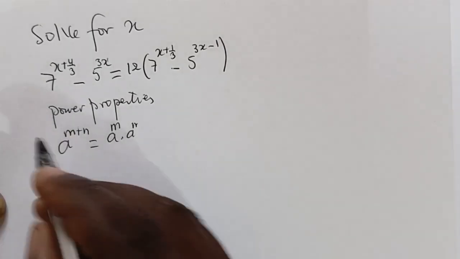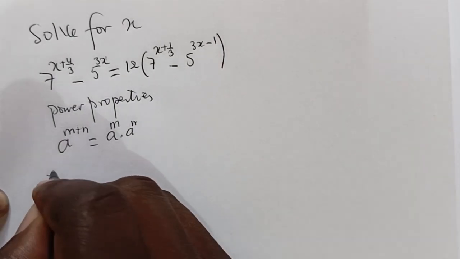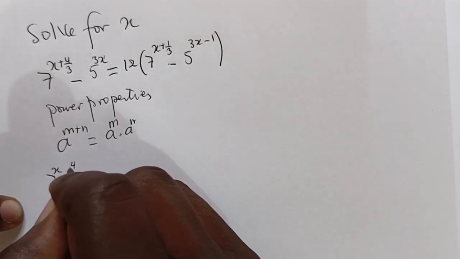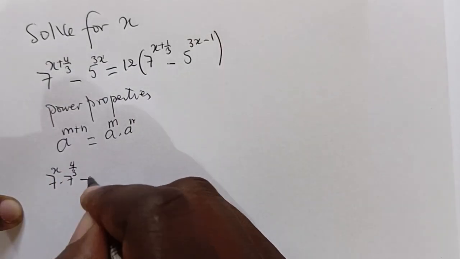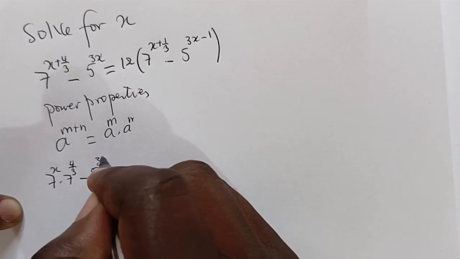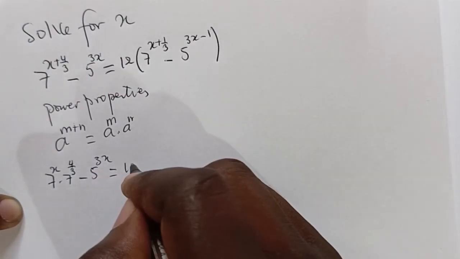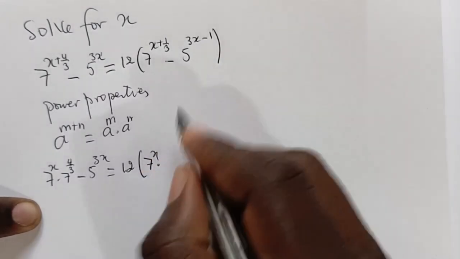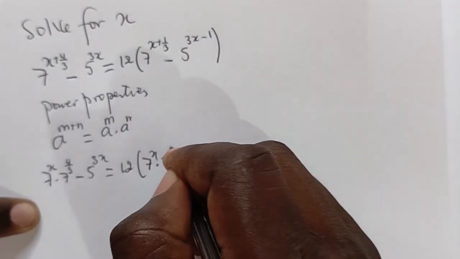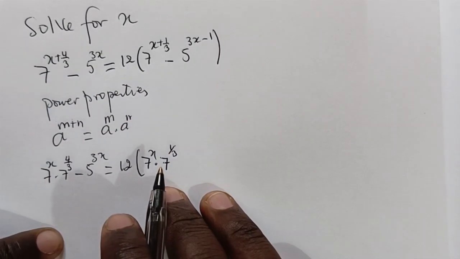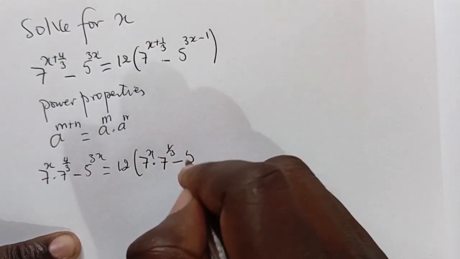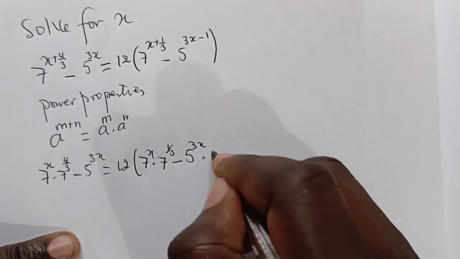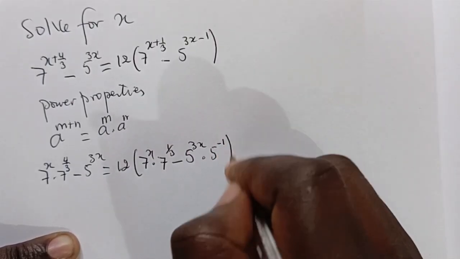Now, that is clear that we have 7 raised to x times 7 raised to 4 over 3 minus 5 raised to 3x. This is equal to 12 into 7 raised to x times 7 raised to 1 over 3 minus 5 raised to 3x times 5 raised to the power of minus 1.